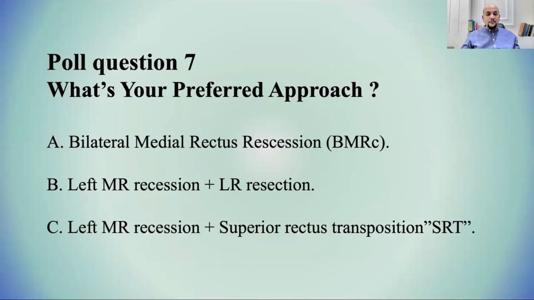Would you do bilateral medial rectus recession, or left medial rectus recession with LR resection, or left medial rectus recession with superior rectus transposition? So remember, this is a case of left Duane, esotropic Duane, with limitation of abduction, with esotropia of 40 and 50 prism diopter at near and at distance. So what would you do in this case?